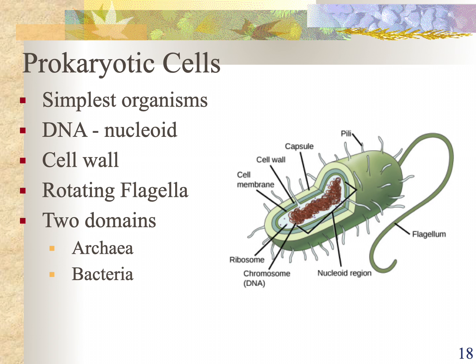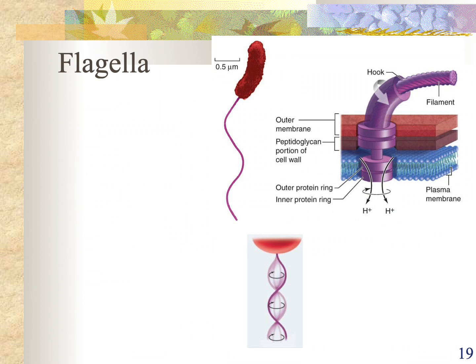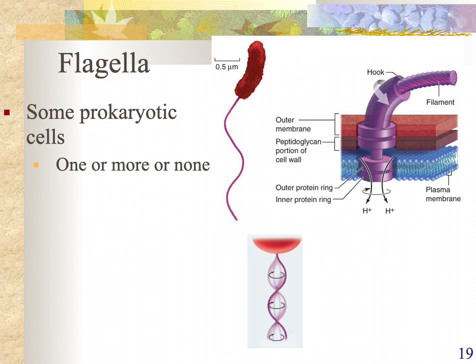Even though there are two domains, when you see a flagellum in a prokaryotic cell, it's always the same. It has a hook. It's made up of a single protein. It passes through the membrane and the cell wall, and it rotates.